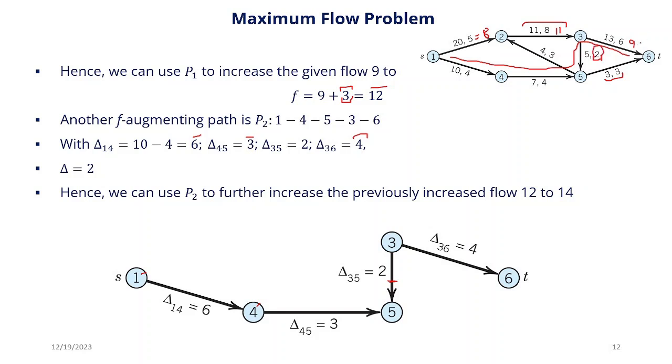And this one is going to be 9 plus 2, 11. We did not consider this, already saturated. This one is going to be 6. This one is going to be 6. And what do we have? 11 plus 3 gives us 14. So we have increased the previous flow from 12 to 14.